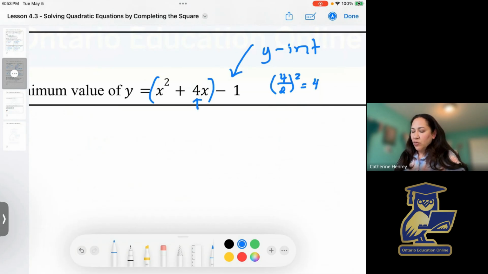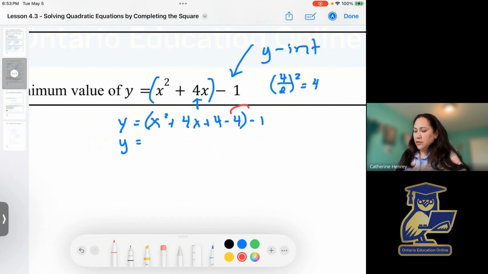So I will have y equals bracket x squared plus 4x. I'm going to add 4, subtract 4, close my brackets, and I have negative 1 outside. Y equals, let's move this negative 4 out.